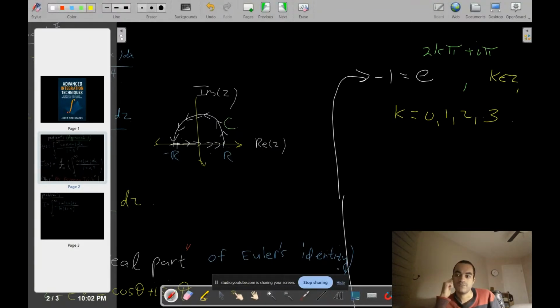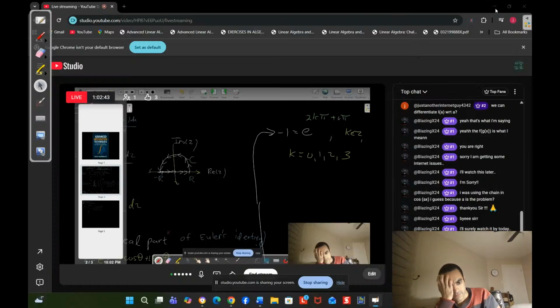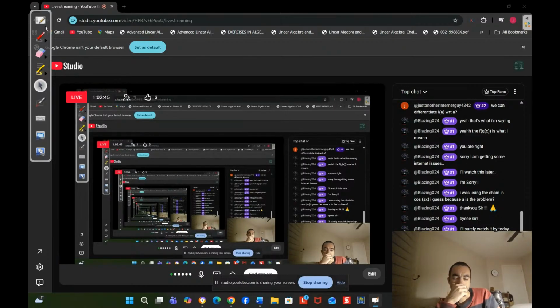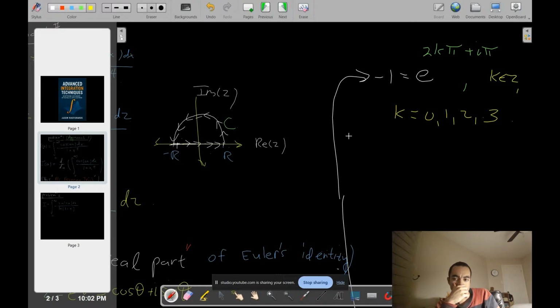And then what we're going to do is input it. So we get e to the i pi, k is 0. Any questions on that so far? Okay, so for k equals 0, oh, I think I almost forgot something.